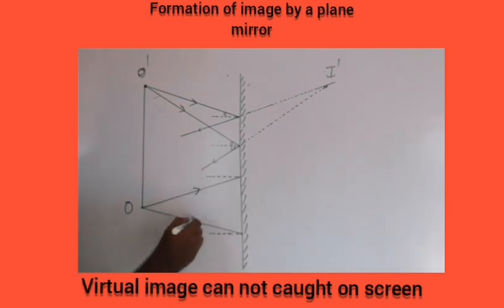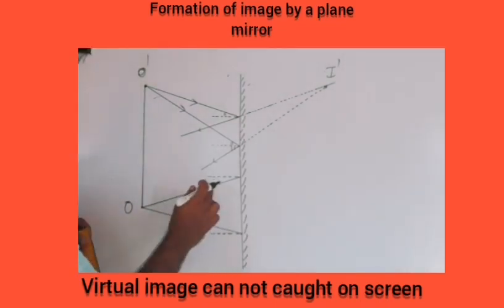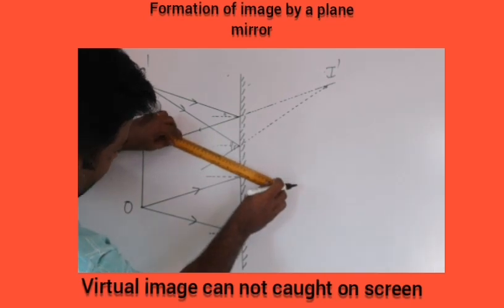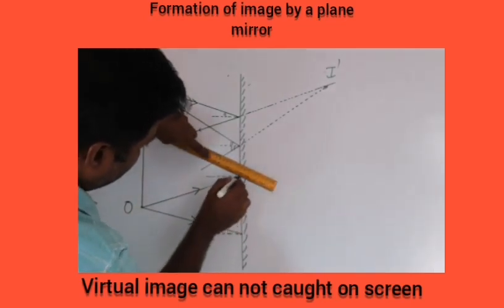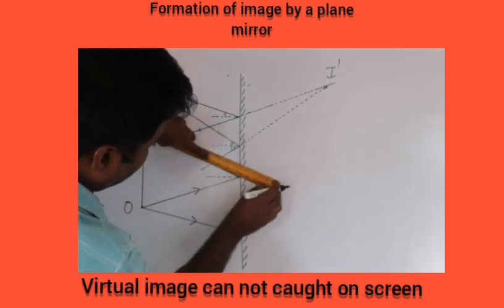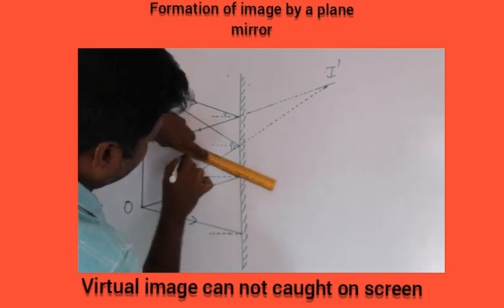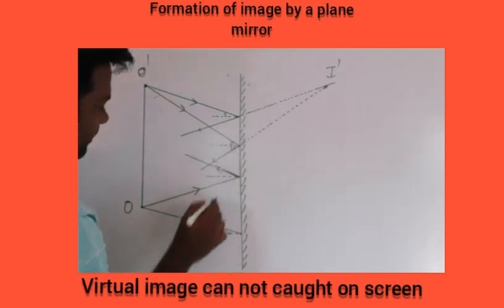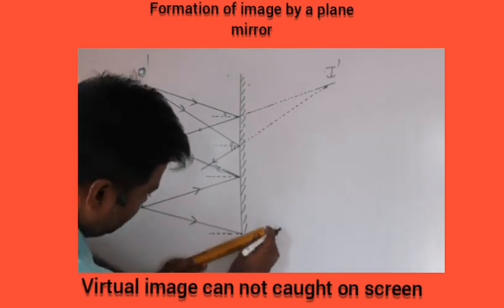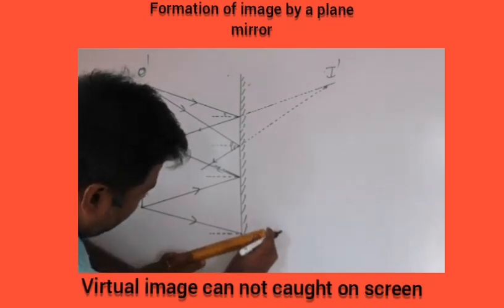These are two more incident rays, and I have drawn this normal, and after bouncing back, this is the path direction of this reflected ray, and here is the path direction of one more reflected ray.